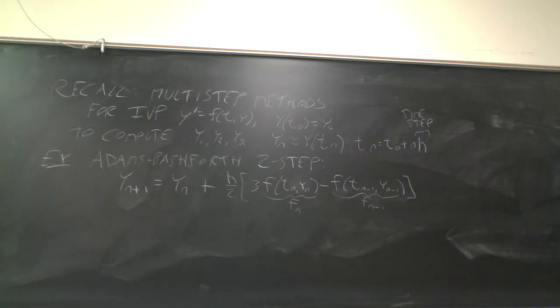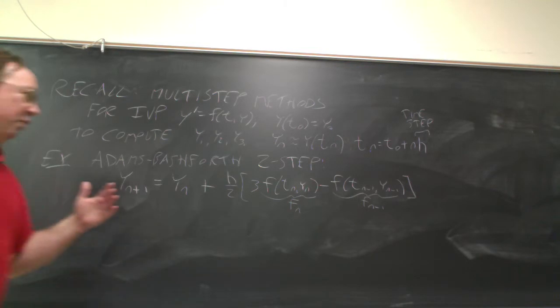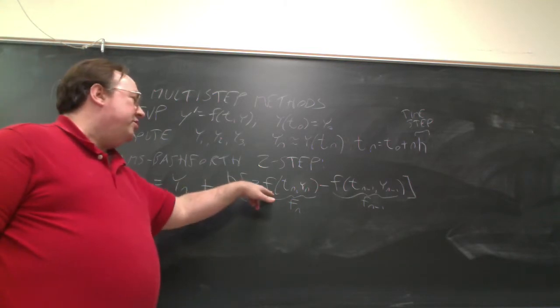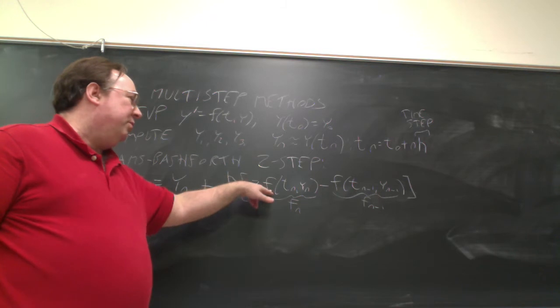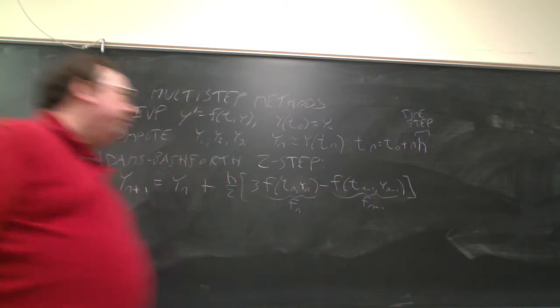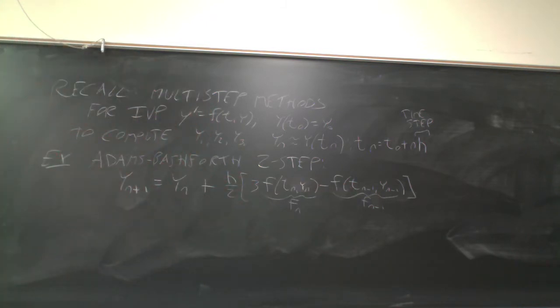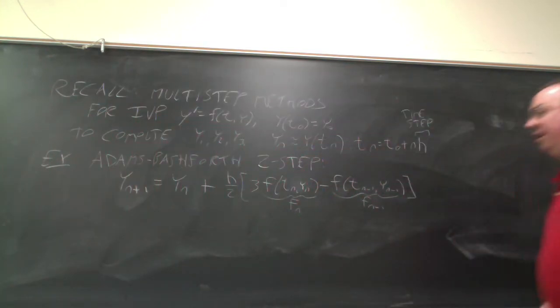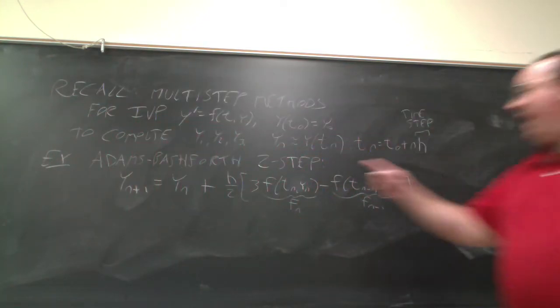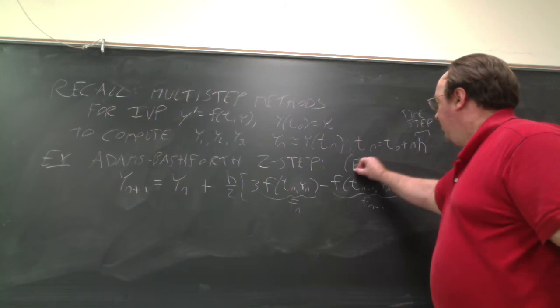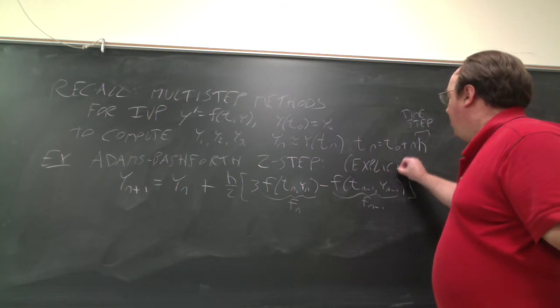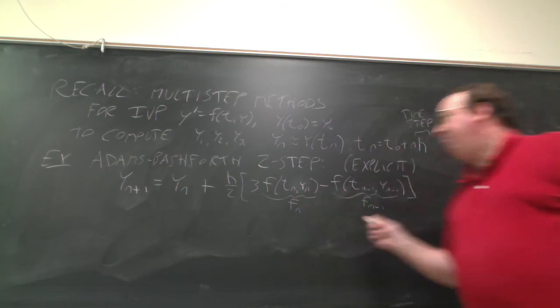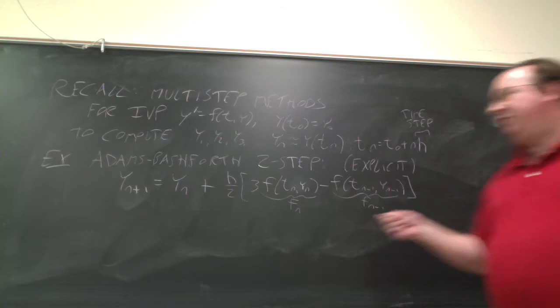Okay. All right, so the thing is, this is something that only requires one new evaluation of f each time step, this one, whereas this would have been evaluated during the previous time step. And because it's a two-step method, and it is explicit, there's no need to solve anything for yn plus 1, because yn plus 1 only appears here.